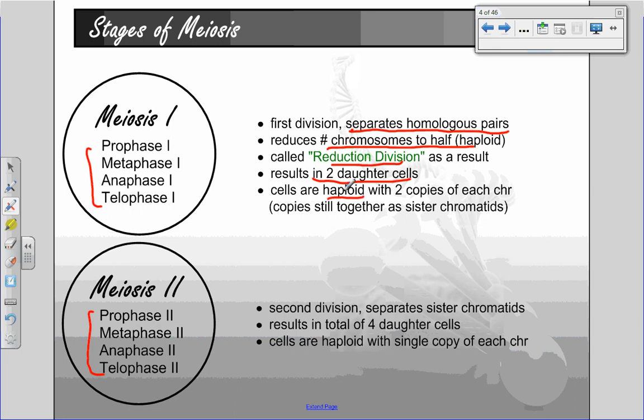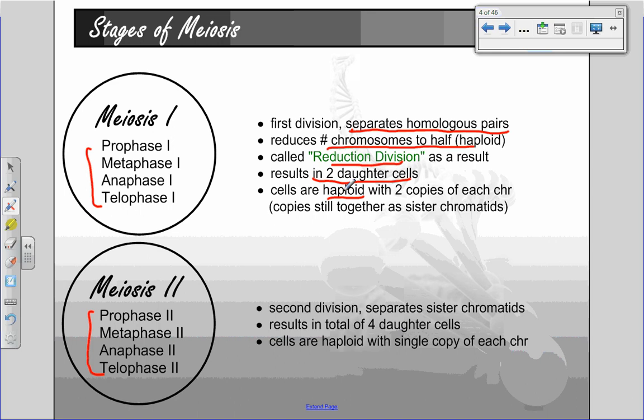They would have two copies of the chromosome in the X form because they look like sister chromatids still, because in the next division, they're going to separate the sister chromatids. But when you have what we see as an X-looking chromosome, that is just one chromosome. It's just that you have two copies of it.